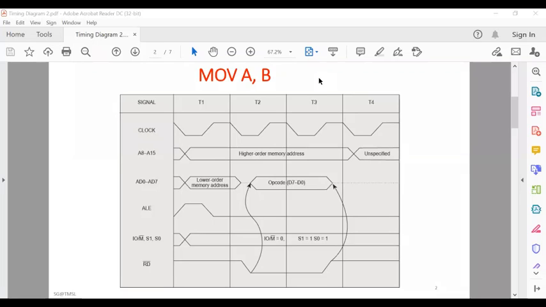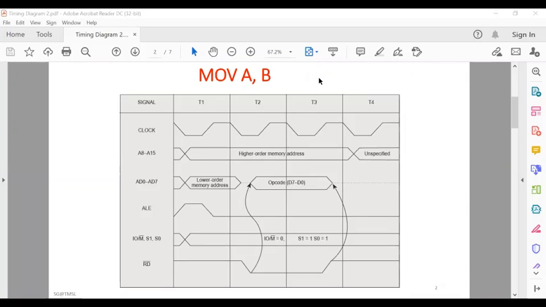Draw the timing diagram of the MOV A comma B instruction stored at 8000 memory location. I repeat, draw the timing diagram of MOV A comma B instruction stored at 8000 memory location.